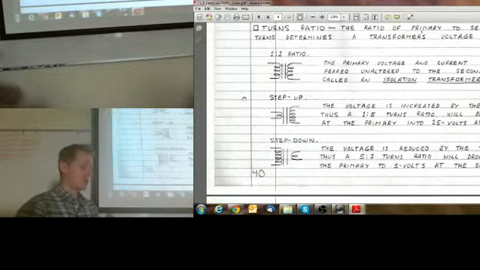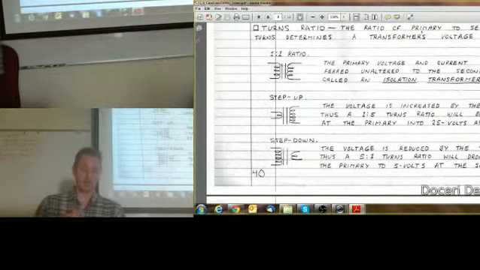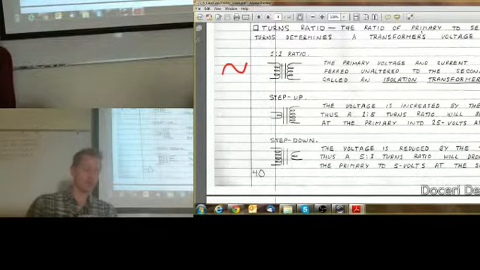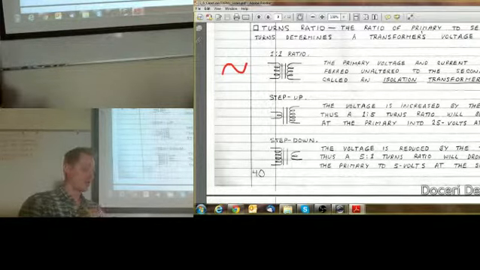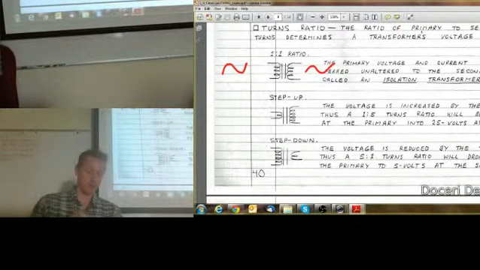So the turns ratio, in this case you can see this one looks like 1 to 1. So that means a 1 volt peak-to-peak sine wave on the input would give you a 1 volt peak-to-peak on the output. You can have a step up.